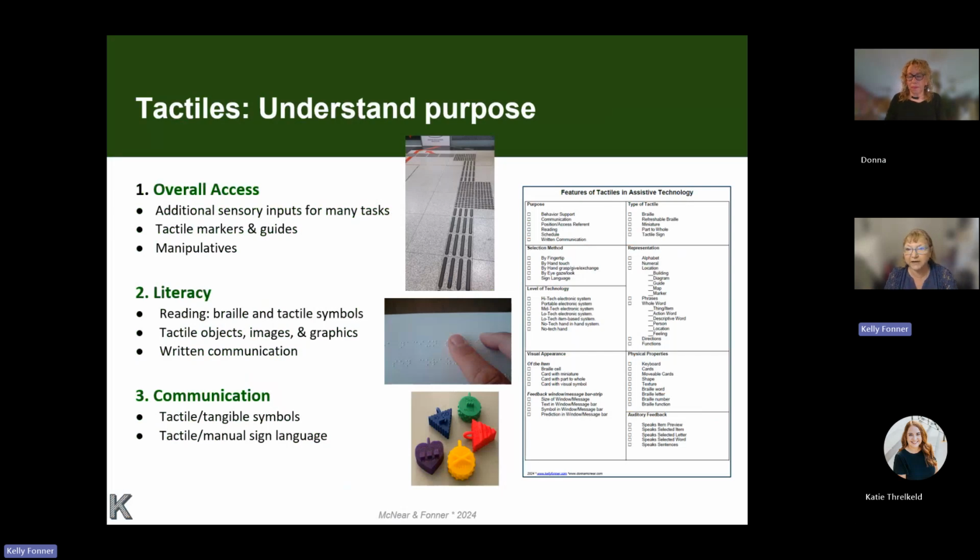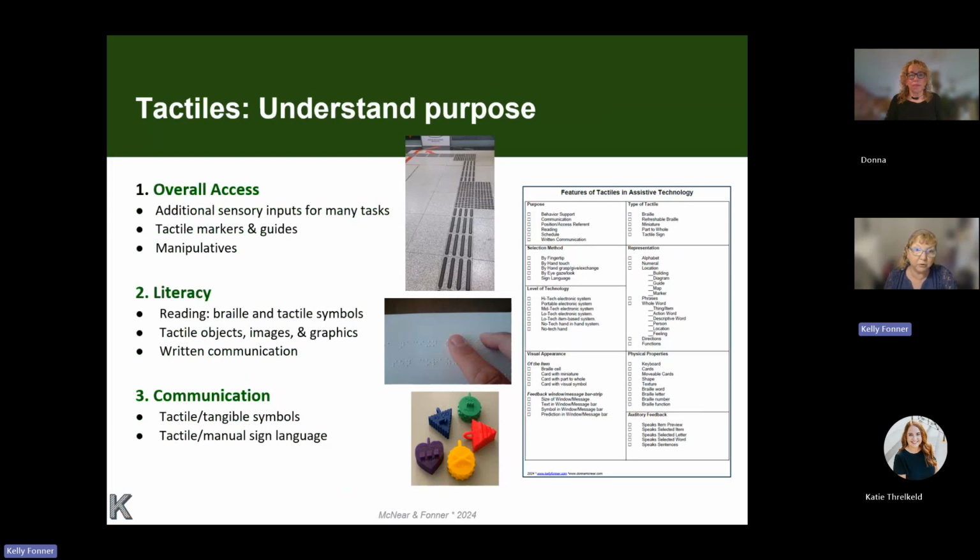So it's the features of tactiles, and the features are in different groupings: the purpose, the selection method, the level of the technology, the visual appearance, because that is often a part of it, the type of tactile, what it represents, the physical properties of that tactile, and if there's any auditory component.